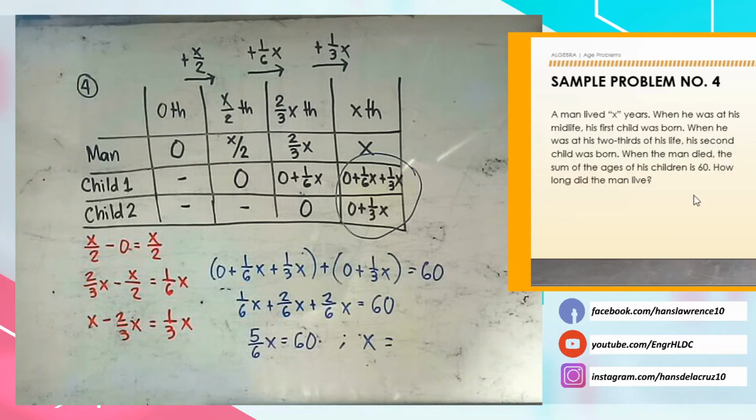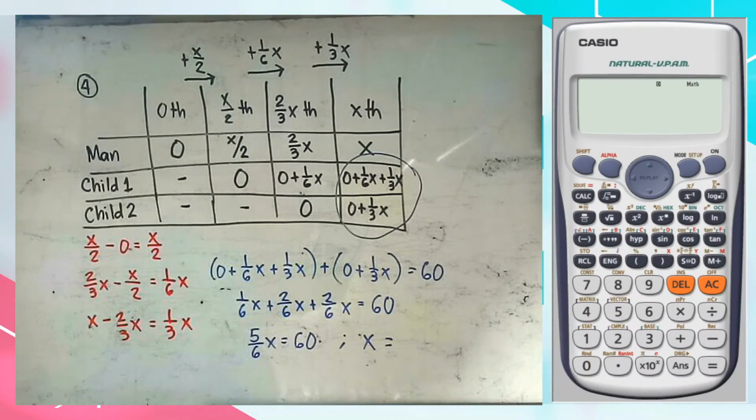The question asks, how long did the man live? So how many years did he live? That is x. Solving for this, we can use a calculator, but it's also fine not to. Anyway, let's calculate to be sure. 5/6 of x is equal to 60.